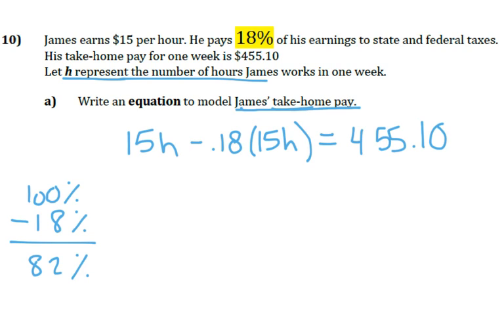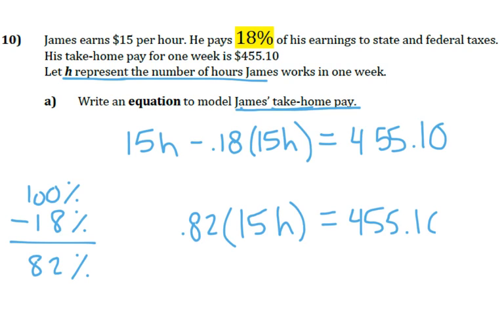So he's actually taking home 82% of the money he's earning. So we could write this as 82/100ths times 15h equals $455.10. So either of these equations would work.